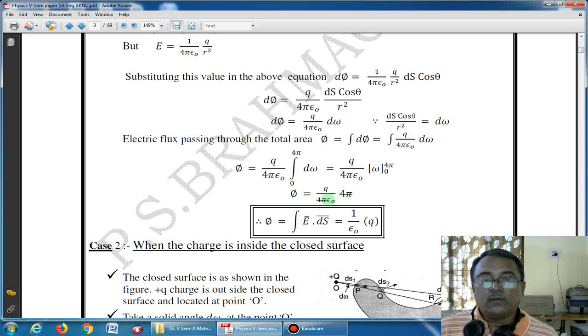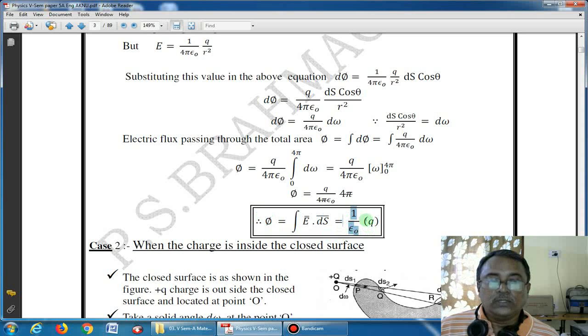This 4 pi and 4 pi get cancelled, then phi is equal to q by epsilon naught. So, the final equation is, this is the total normal flux. This total normal flux is equal to 1 by epsilon naught times the charge contained within the closed surface.